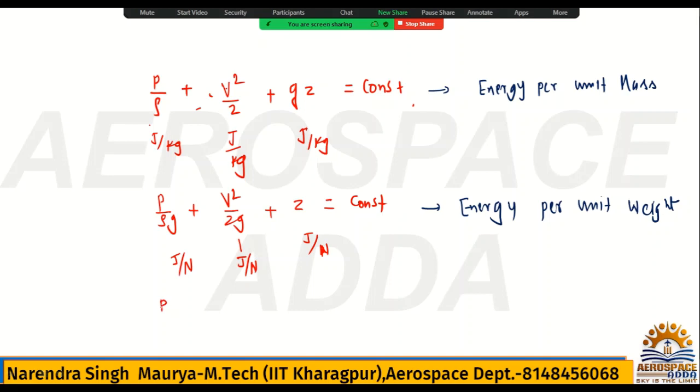Again, the same Bernoulli equation you can write in another form: P plus 1 by 2 rho v square plus rho gz is equal to constant. Check the unit. If I take half rho v square, what will be the unit?